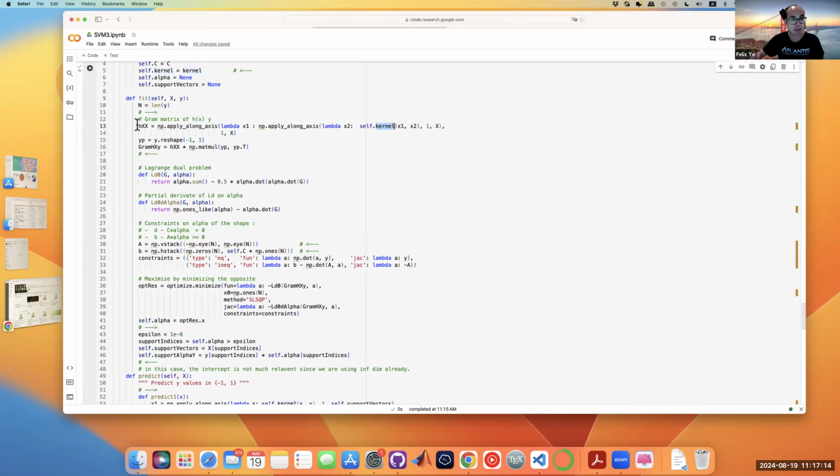Basically this is the Gram matrix, and H is my phi here, so phi and phi of x. This will be just the kernel evaluated at x1 and x2. This is the matrix of the Gram matrix, multiplied by y and y transpose.